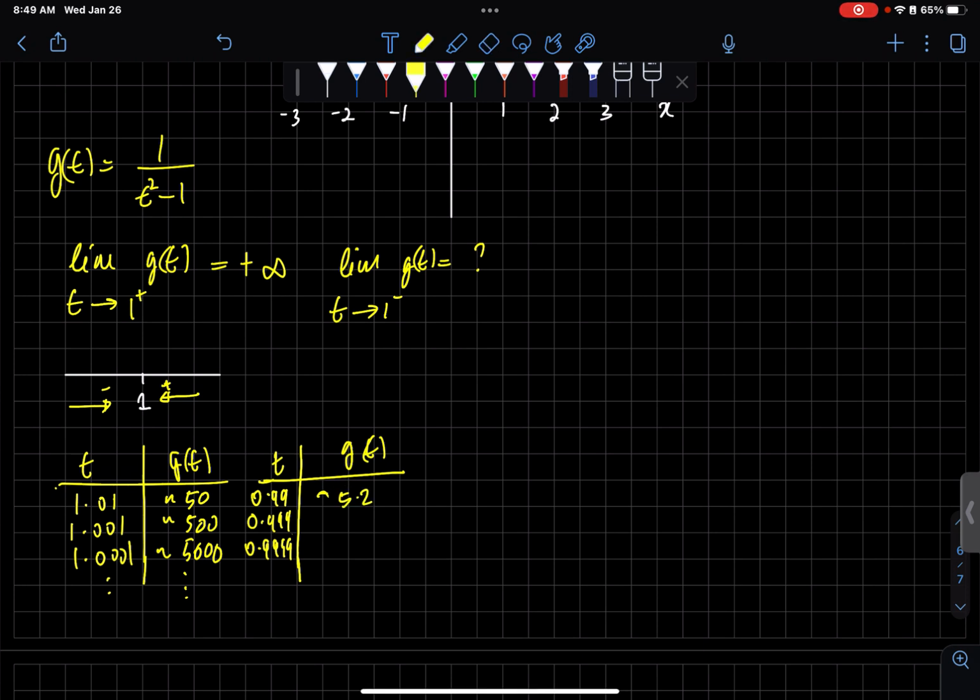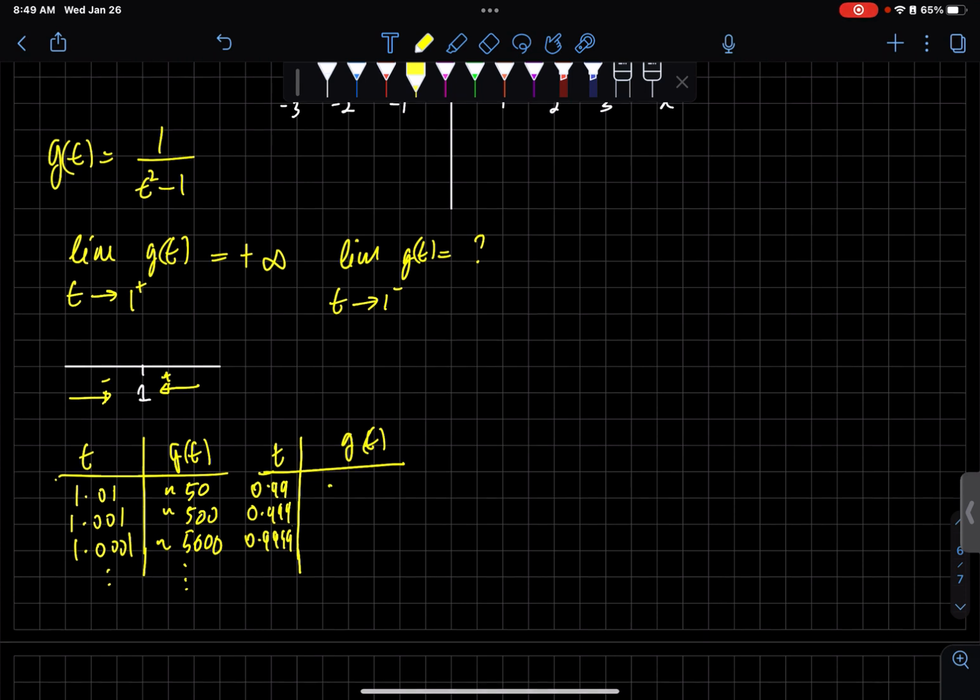Then we have 0.999 squared, that answer minus 1, and then 1 over that answer. Oh sorry, I probably made a mistake here. Wait a minute, just double check. 0.99 squared, 1 minus the answer, then 1 over that answer.